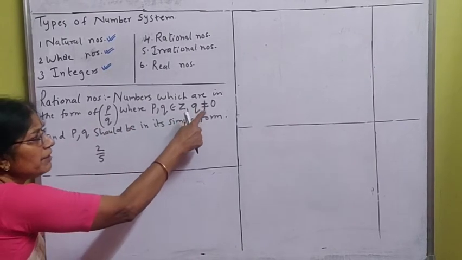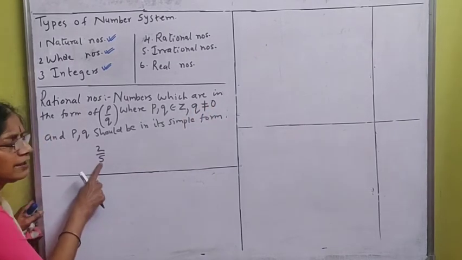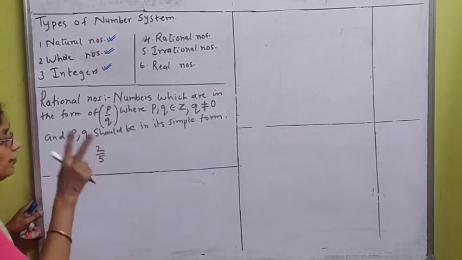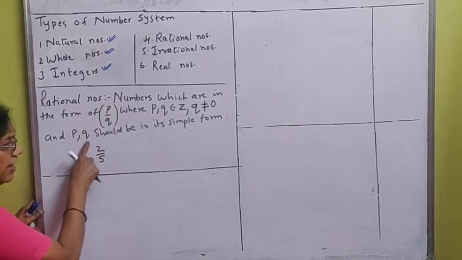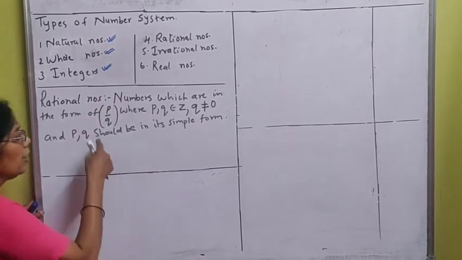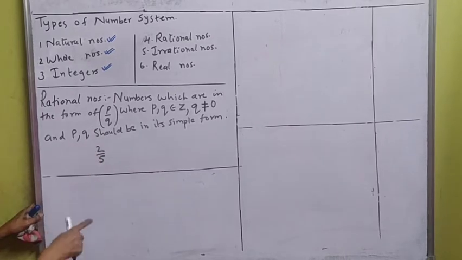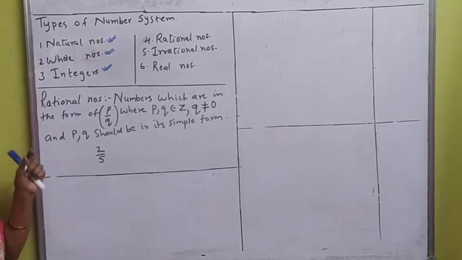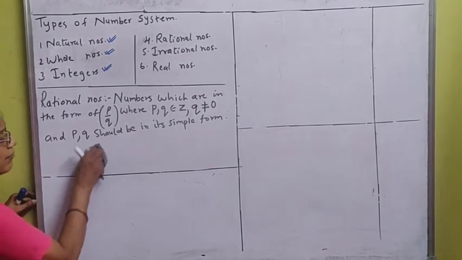Q should not be equal to 0. Yes, the denominator is not 0, so the second condition is also fulfilled. Third condition, p by q should be in its simple form. You cannot reduce 2 by 5, it will remain 2 by 5. Then this is called a rational number.